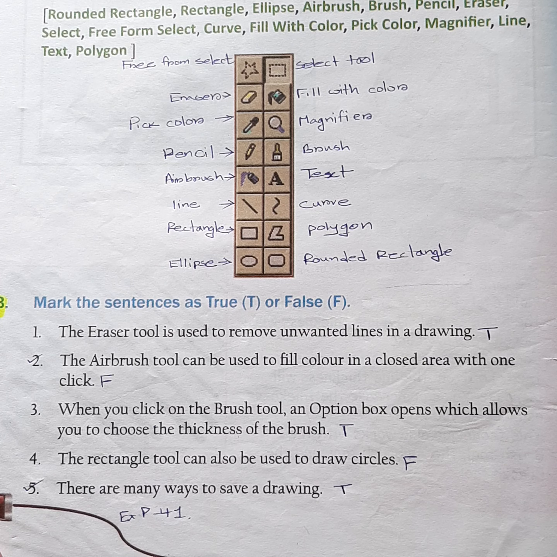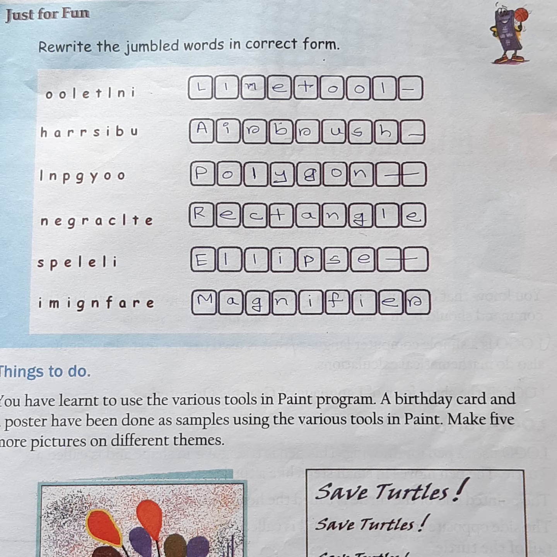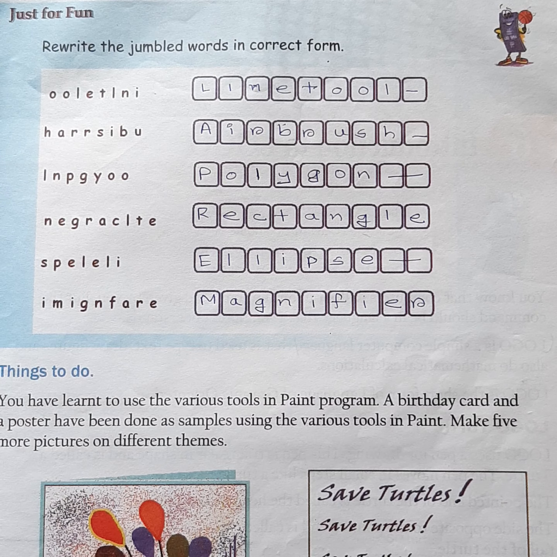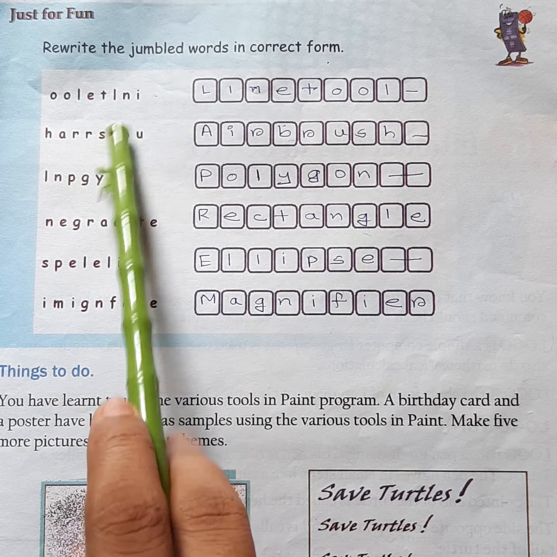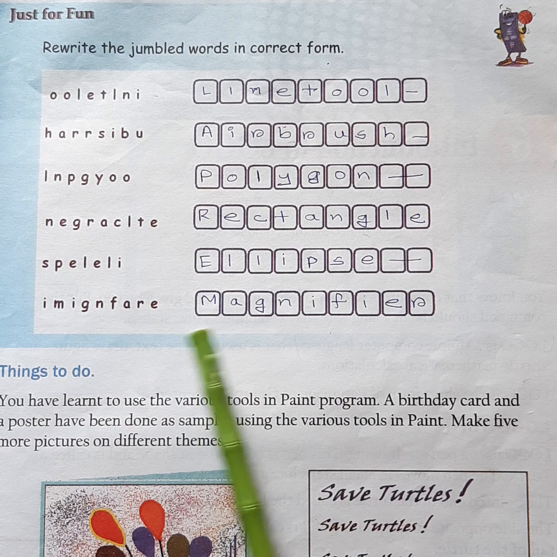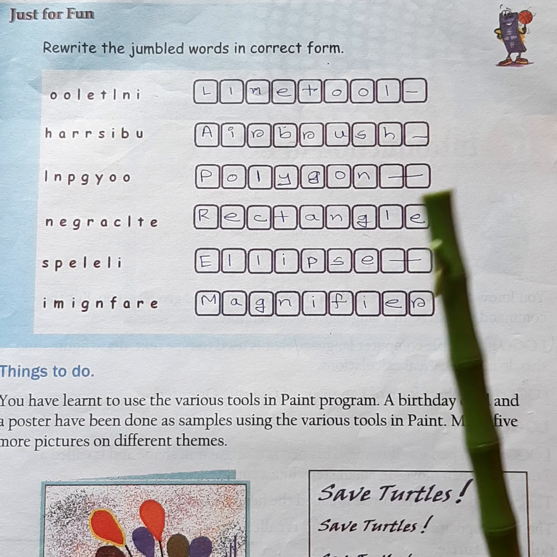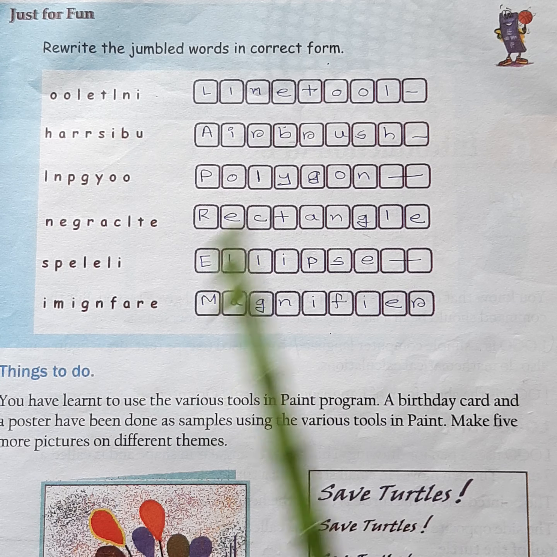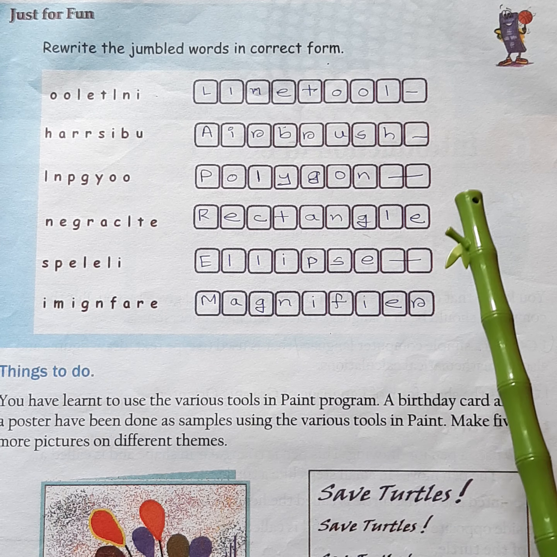And I'm going to post this page's pictures on the next class, inshallah. This is the last page, hopefully, and here, just for fun, you can rewrite the jumble words and get these words. Exactly like the previous page, I am going to post this page also.